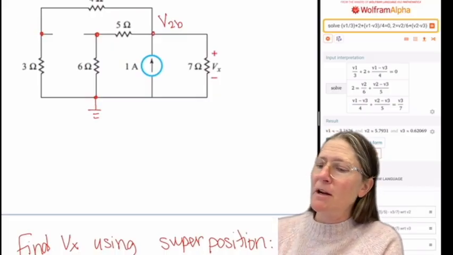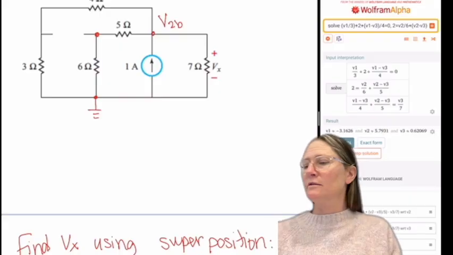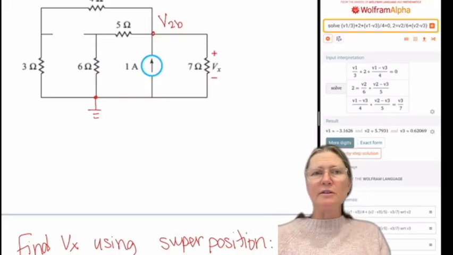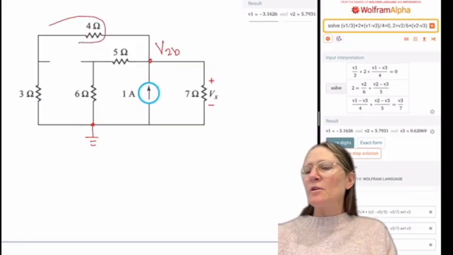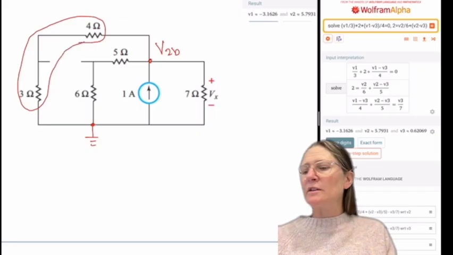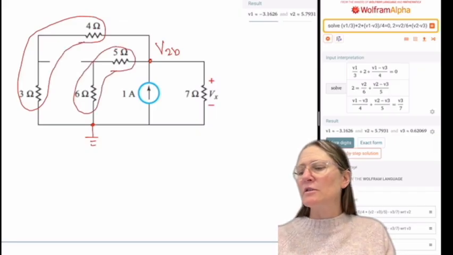Actually, I don't need this if that is there. This one's a little bit easier because when you open that one up, you note that these two can be combined and these two can be combined.